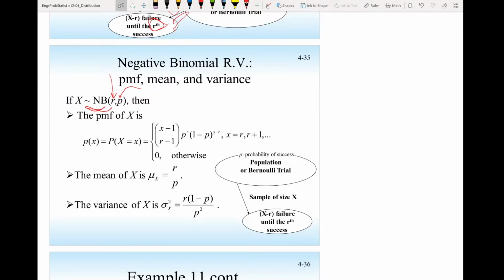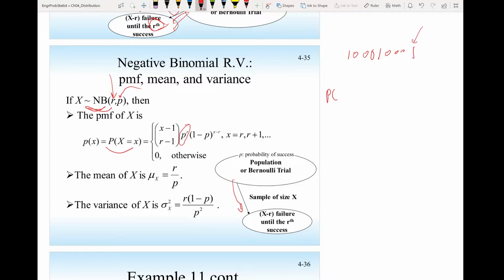The probability of x now will be the following. You kept drawing or conducting the experiment until you get the rth success. So there are r of them. r could be 3, so you conduct the experiment until you got the third success. So you have 3 of them, so that is the probability to the power of r. So you may be having 1, 0, 0, 0, 1, 0, 0, 0, 1, and then you stop.